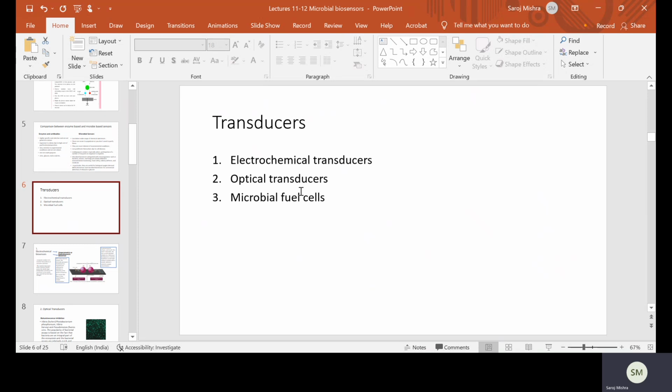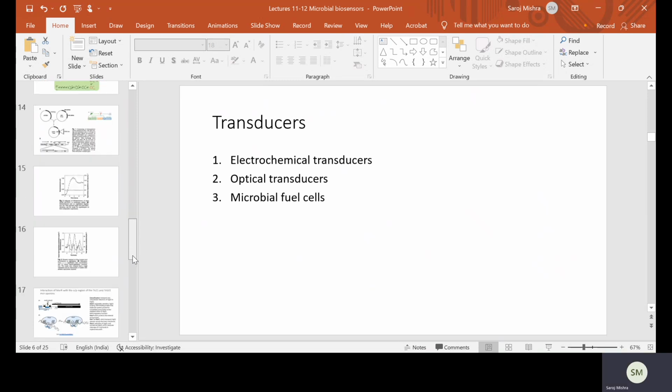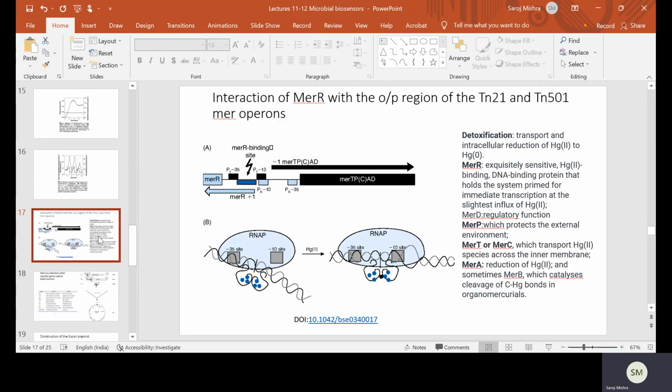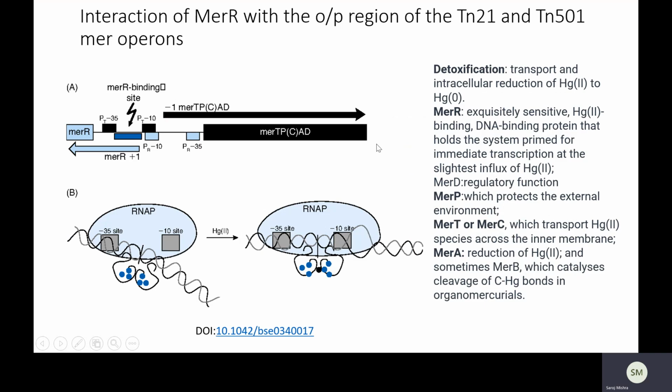We had looked at the optical transducers, and before we leave off and talk about microbial fuel cells, let me give you another example, which is for detection of mercury. I'll go back to the slide. This is where we had left off last time. I will very briefly remind you that there are microorganisms which automatically develop a resistance to mercury.